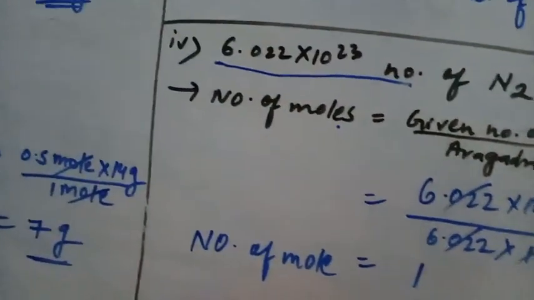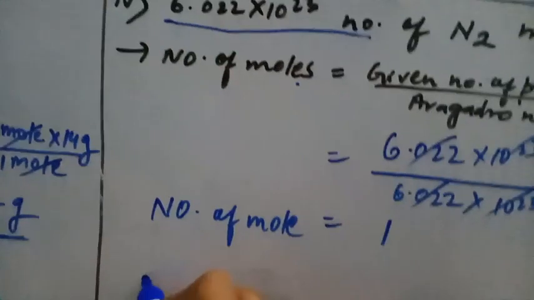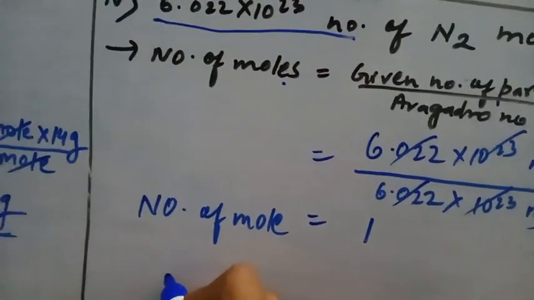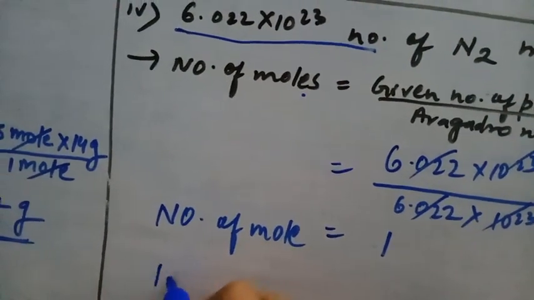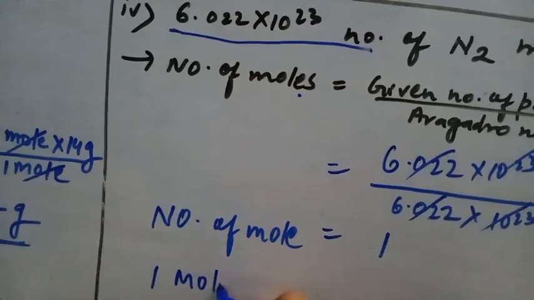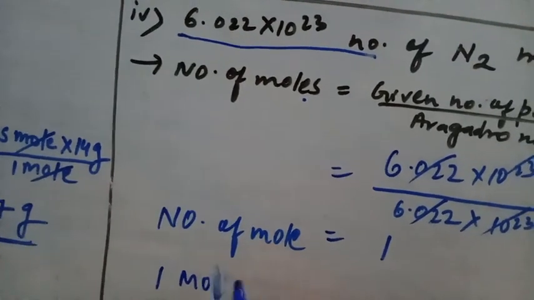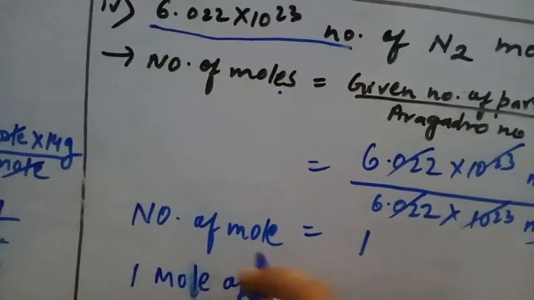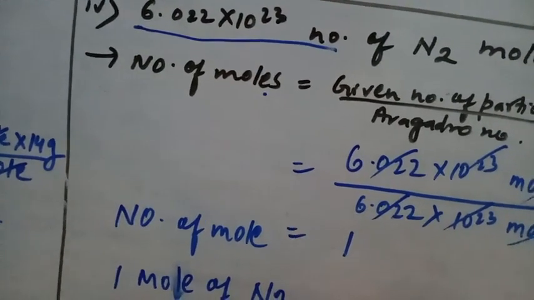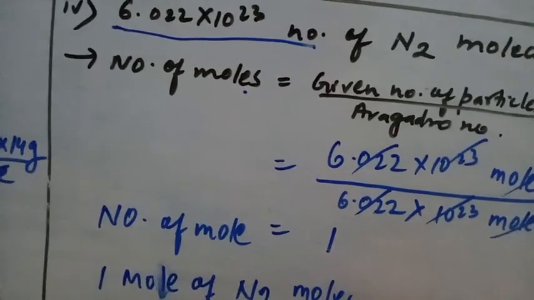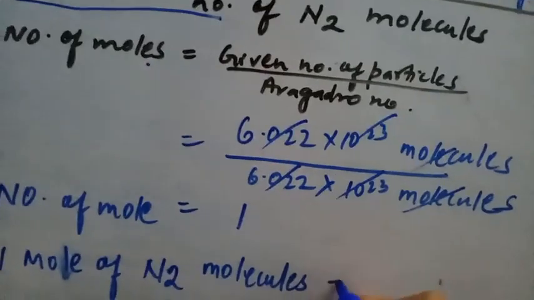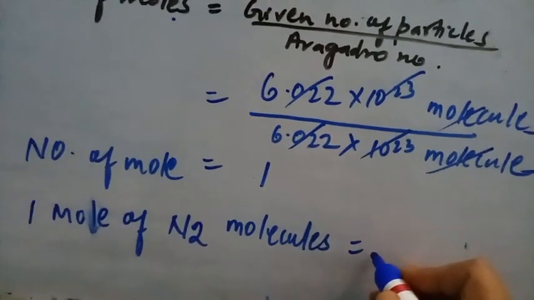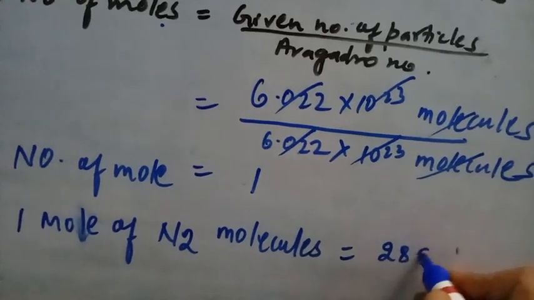Okay, so we will write one sentence here: we got 1 mole, so 1 mole of N2 molecules is equal to how much gram? 28 grams.